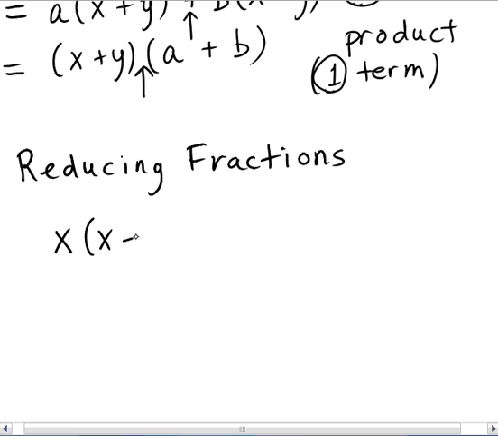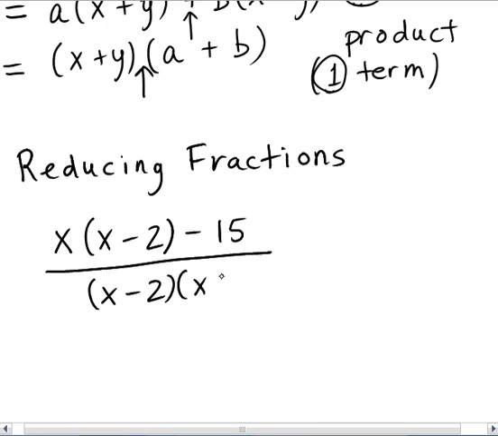x times x minus 2 minus 15 over x minus 2 times x plus 3. Okay, in an algebra class you're often asked to reduce fractions like this. Reducing amounts to always canceling common factors.